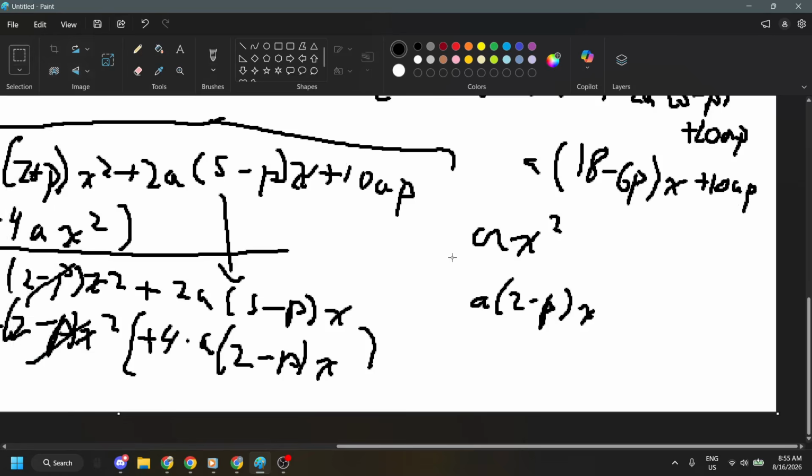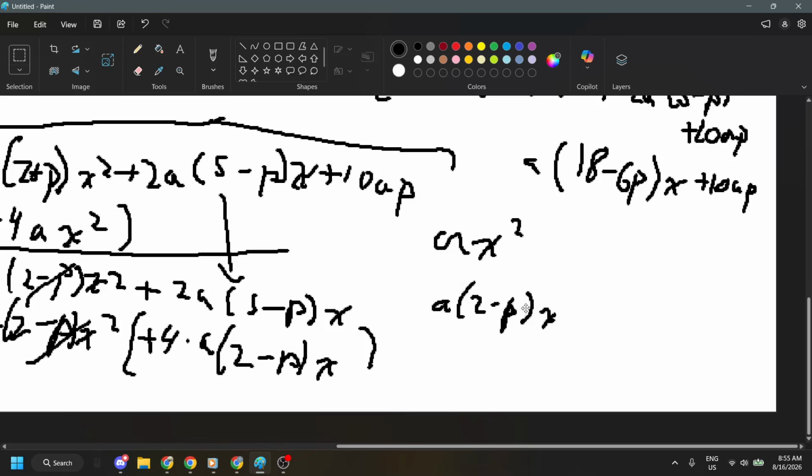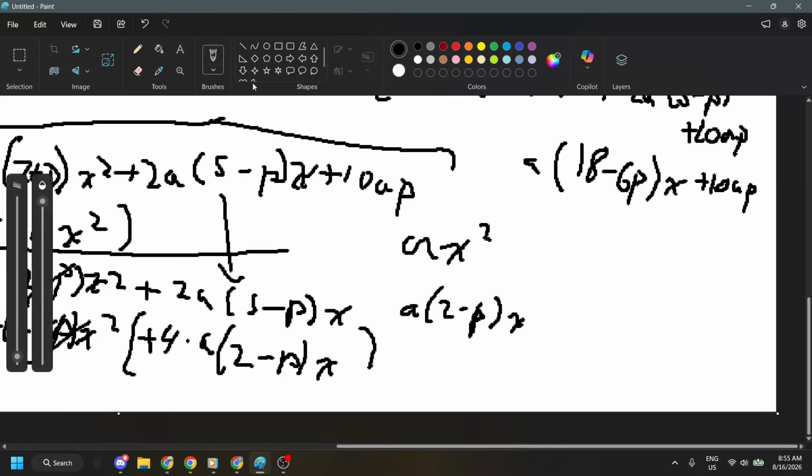So what we want to do now is, oh my god, this is going to be so annoying to actually solve, but it's fine. So we need to multiply by a times 18 minus 6p. You could factor out the 6, I see. So this cancels out, and then our final thing here is going to be 10ap.